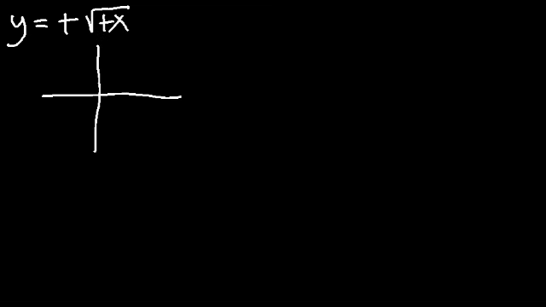Now there's something else that I want to mention with those four graphs. So let's start back with this one. Y is equal to positive square root positive x. So notice that x is positive and y, which we'll associate with the blue sign, is positive as well. When x and y are positive, it's going to go towards quadrant 1, because in quadrant 1, both x and y are positive.